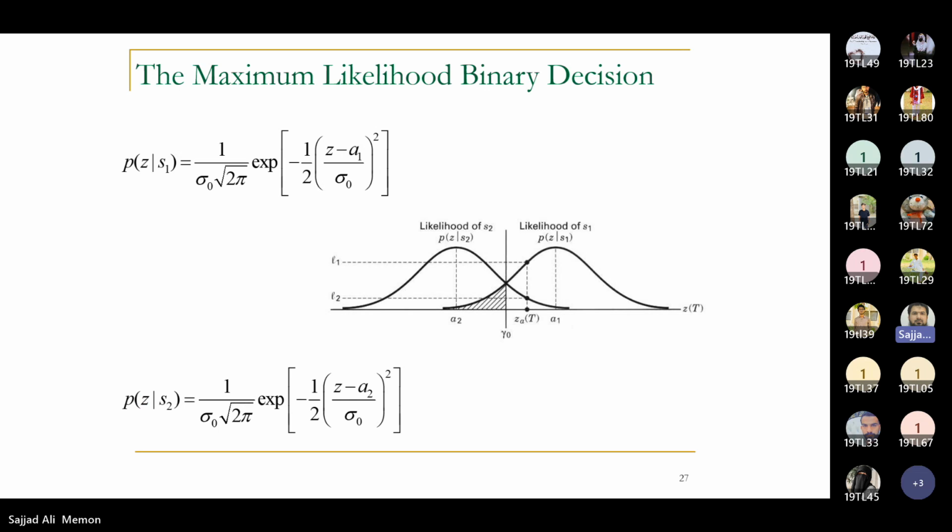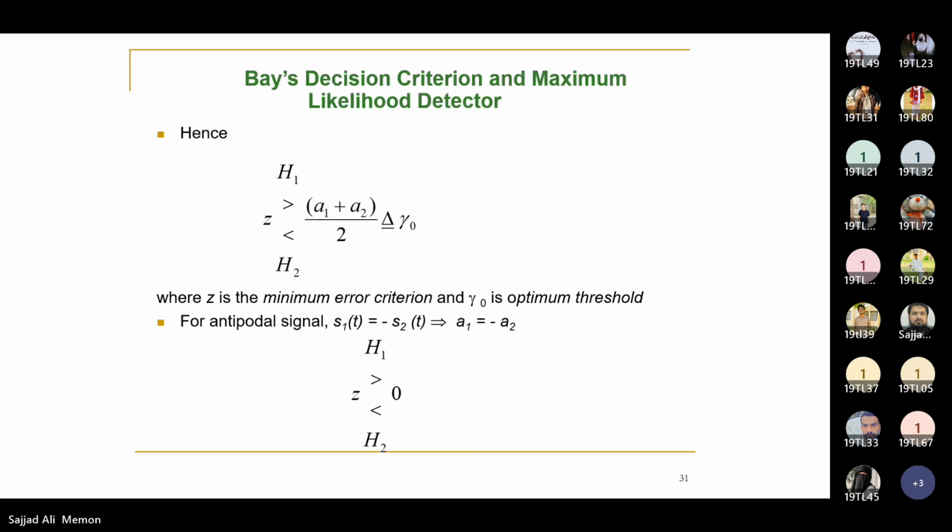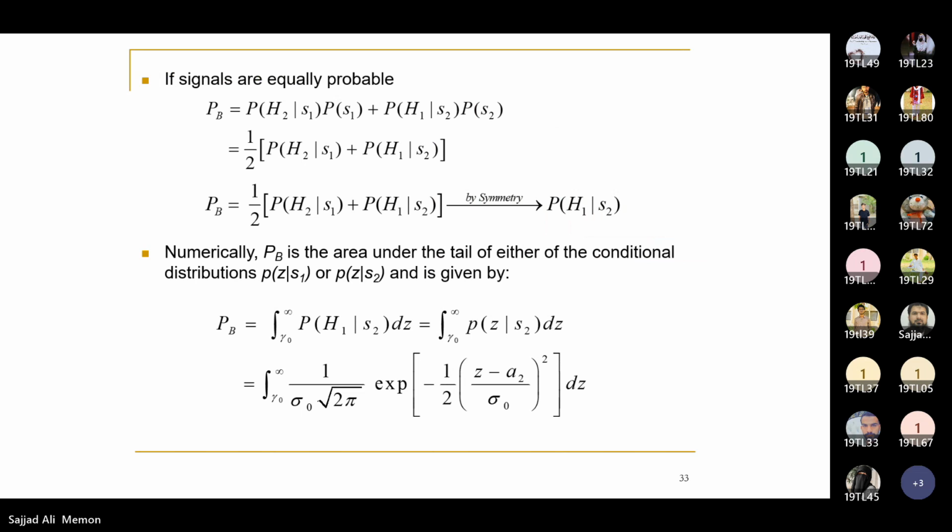The value of this probability is the same as this one. So when you add these, it will be 2, and we already have 1 over 2 here, so they will cancel. And the remaining will be either P of H1 given S2 or P of H2 given S1.